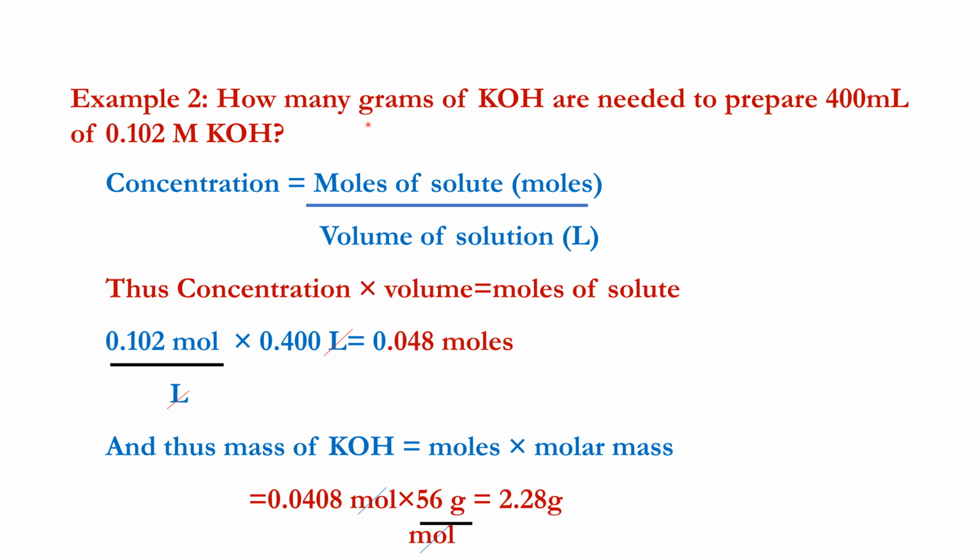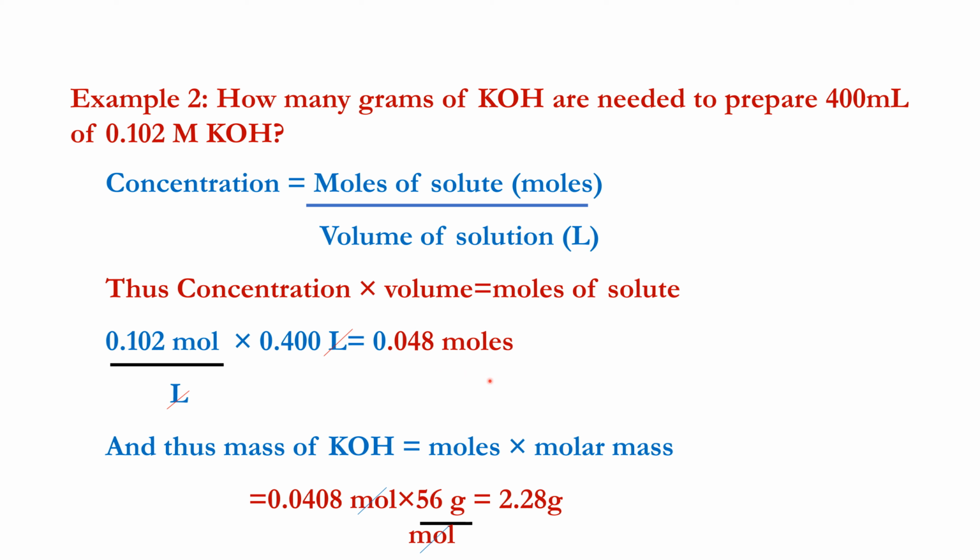Concentration is 0.102 mole. I have written the unit this way so that units can cancel out, and we multiply by volume. We are given 400 ml. We convert it to liters by dividing by 1,000 and get 0.4 liters. So this liter cancels this liter. Our final answer will be 0.048 moles.